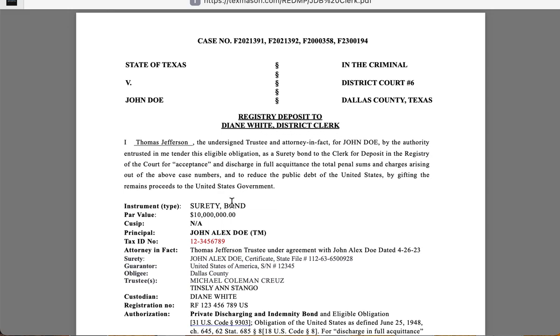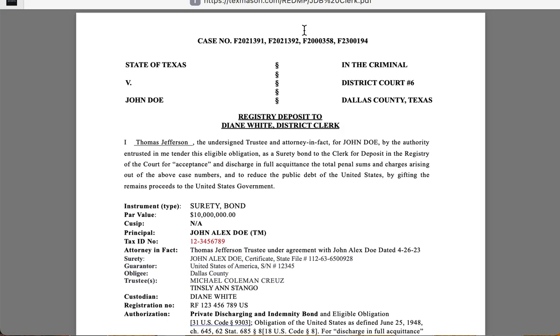This is the actual form that you would use to make a deposit in the registry of the court of some type of security. So this is the form that we're using to instruct the court that this presentment is a registry deposit of a surety bond issue for the court's registry.